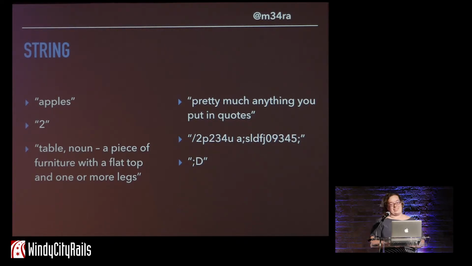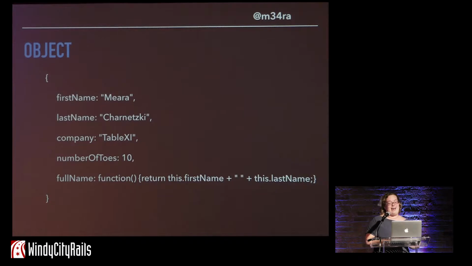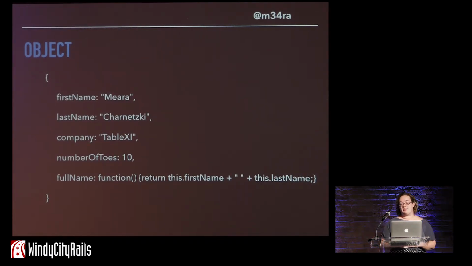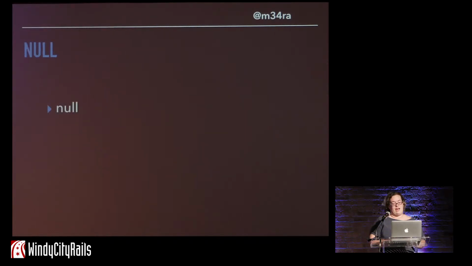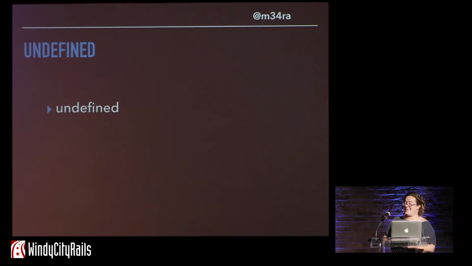So we also have strings, which are pretty much anything you put in quotes. And of course, there are objects which can contain both data and behavior. So objects can have a lot of stuff in them, like this one, or they can be empty, which we would represent by a pair of curly brackets. Null represents nothing, which is different from undefined, which is what you get when you have declared a variable in your scope, but you never actually set a value.